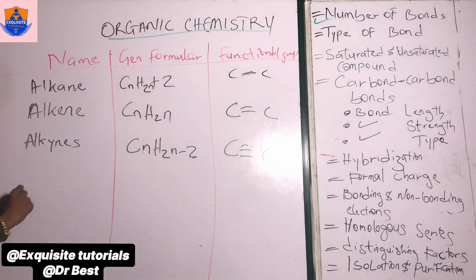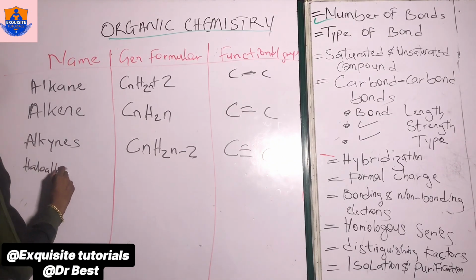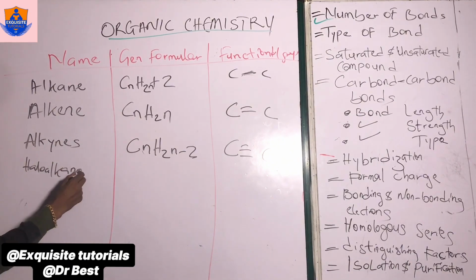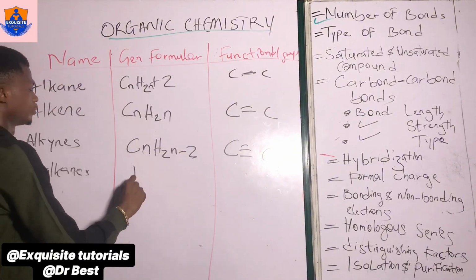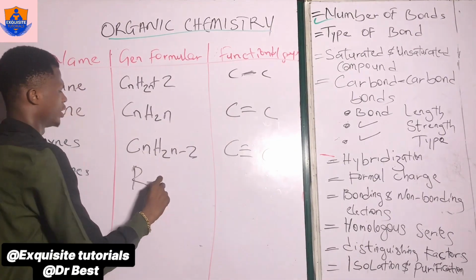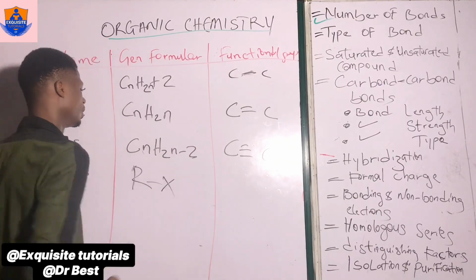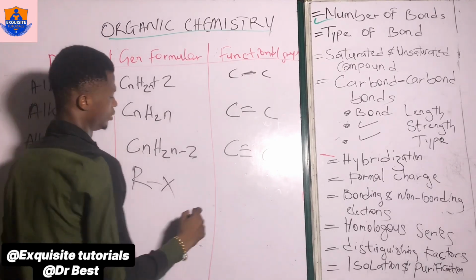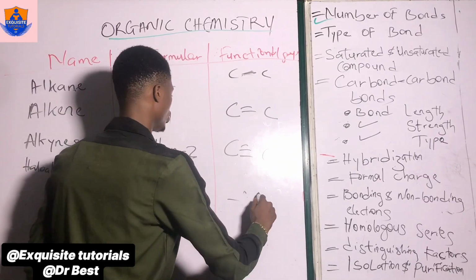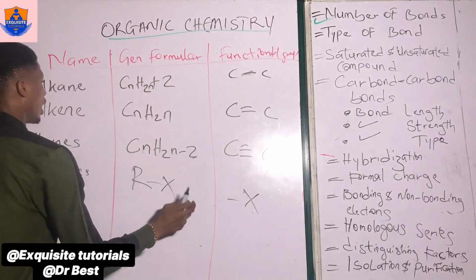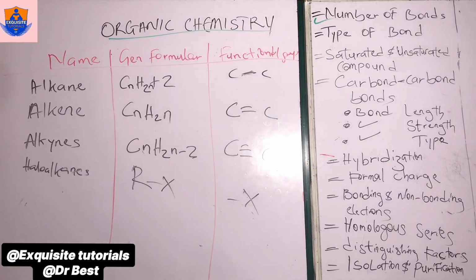We have haloalkanes. Haloalkanes are organic compounds that are bonded to halogens. The functional group is the presence of the halogen. Your X represents halogen. Then let's talk about alcohols.